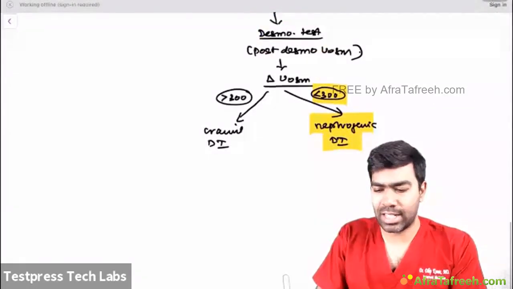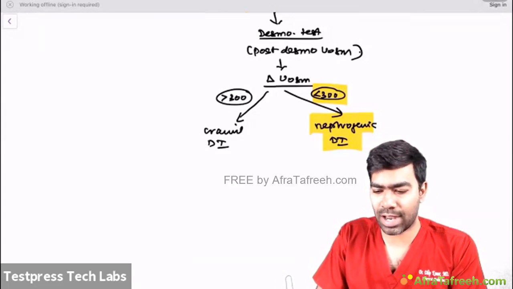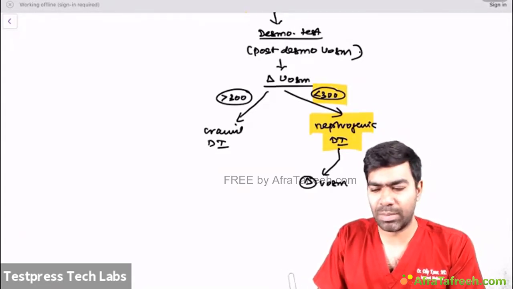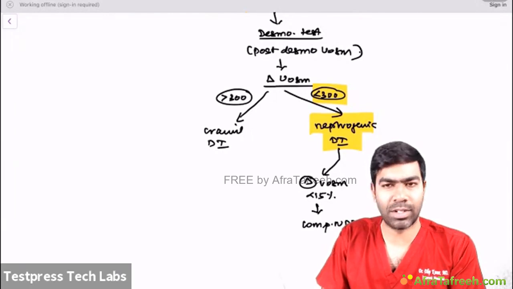But the delta change might be helpful: how much it is changing compared to the post-water deprivation test. After giving desmopressin, if the change in the urine osmolality is extremely negligible, less than 15%, then it is a very poor response, so it's a complete nephrogenic diabetes insipidus.